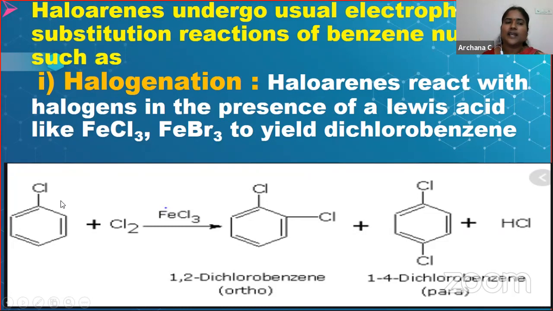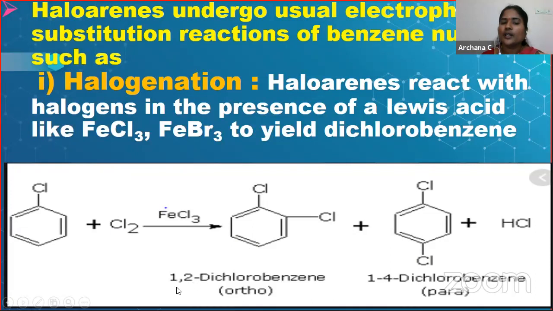Let us see the reaction. When chlorobenzene reacts with chlorine in presence of a Lewis acid like ferric chloride, it gives dichlorobenzene. Let us see the IUPAC nomenclature, how we can write it. Whenever two substituents are there on the benzene ring, we have to give the numbering. The first position, the second position.